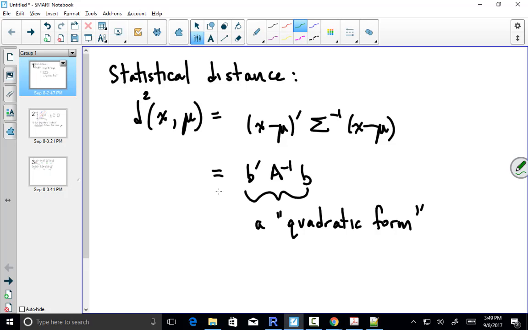So if the variation that you observe is that variable 1 is like this and variable 2 is like that, then a value that far away from the mean is not very unusual for x1, but it is for x2. So the statistical distance basically enforces that. This variable shouldn't be allowed to go as far because it doesn't vary as much.